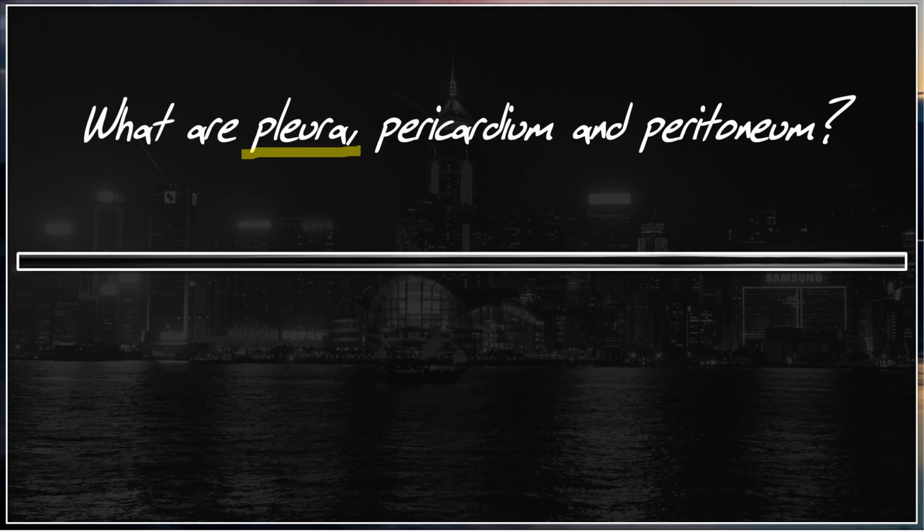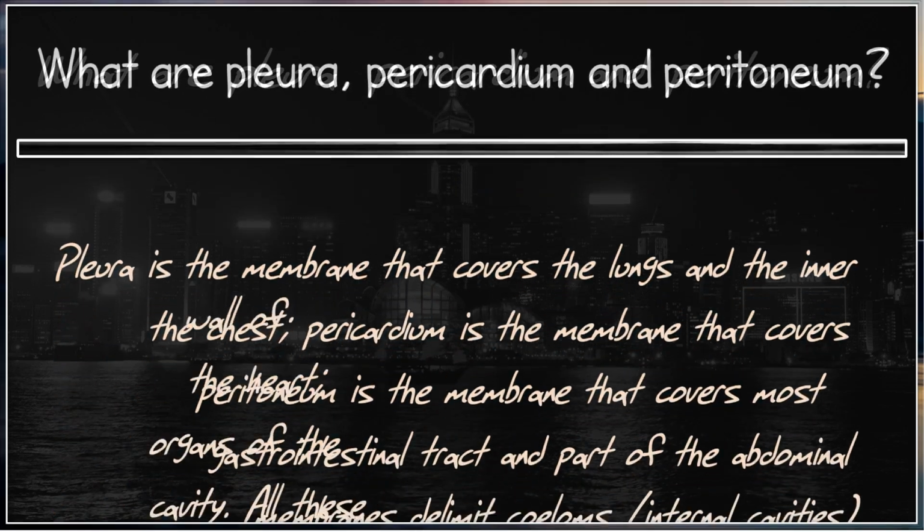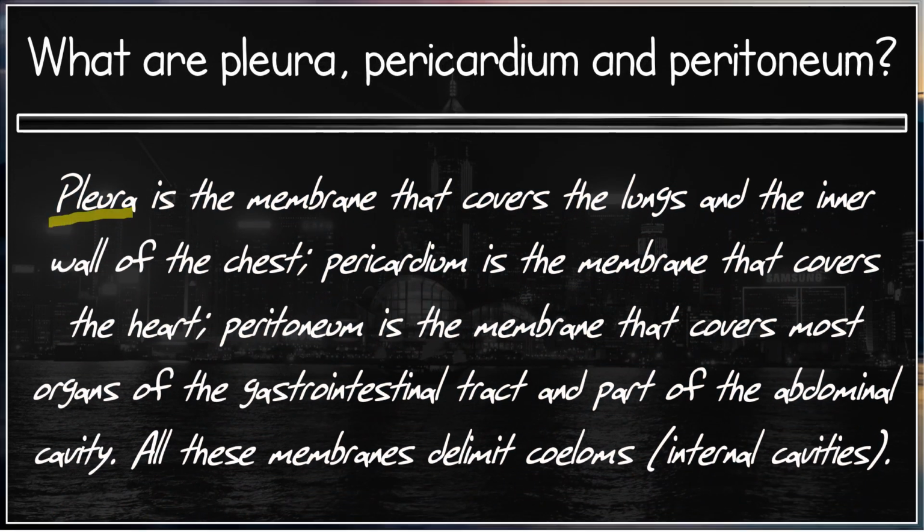What are pleura, pericardium, and peritoneum? Pleura is the membrane that covers the lungs and the inner wall of the chest.